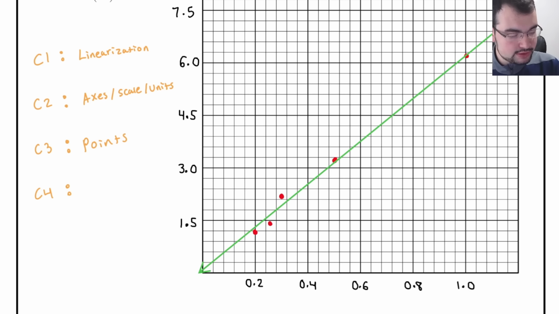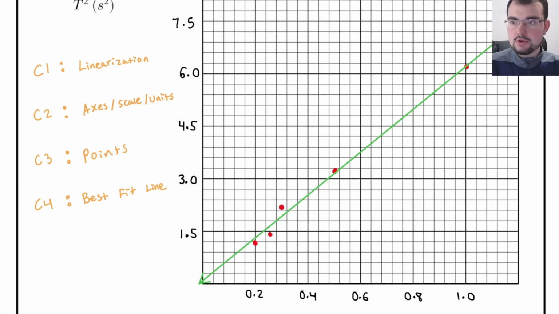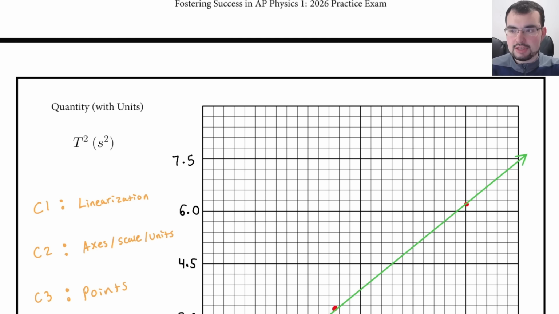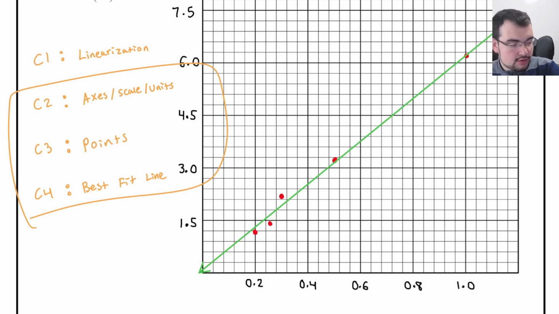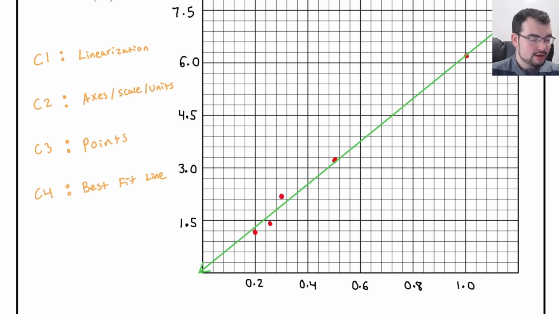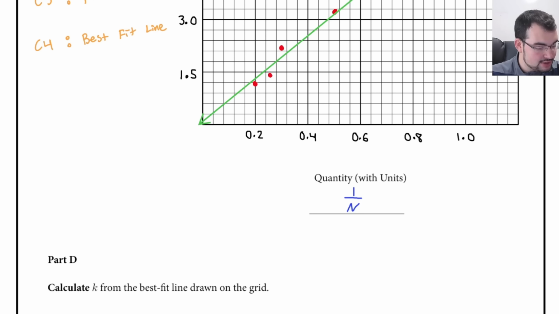And then C4 is the best fit line. So if you have a bad linearization, you can still get C2, C3, C4. These are free points with this lab, as long as you commit to getting good units, plotting the points properly, and drawing a reasonable best fit line or curve.